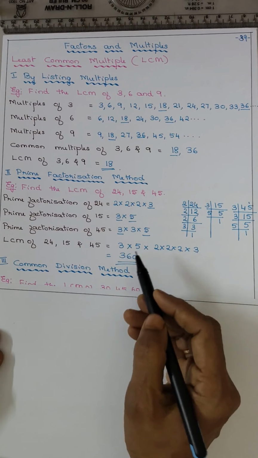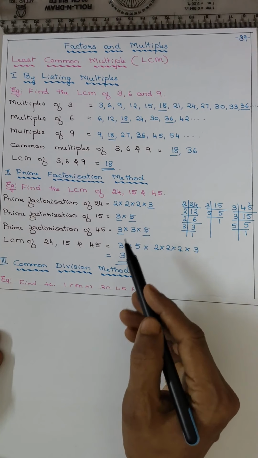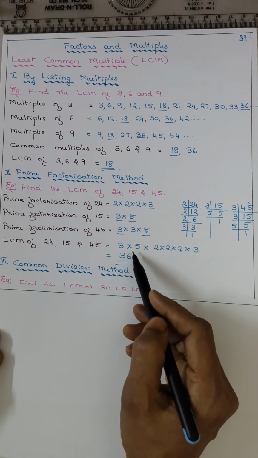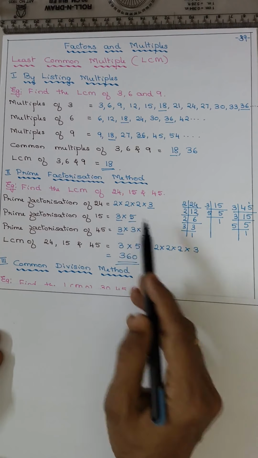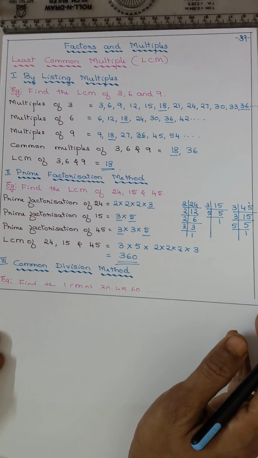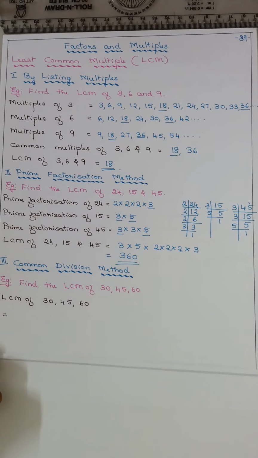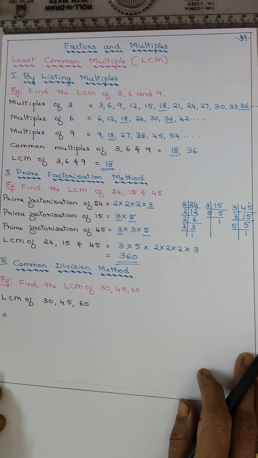Then see is there any common factor in 2 numbers, that also underline and write 1 time. And then the not common ones, that also you have to multiply.